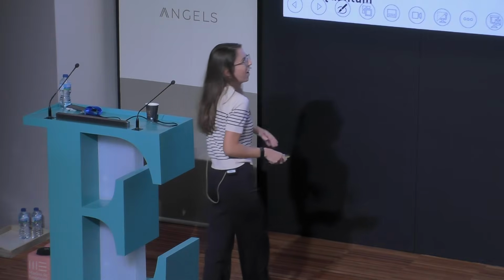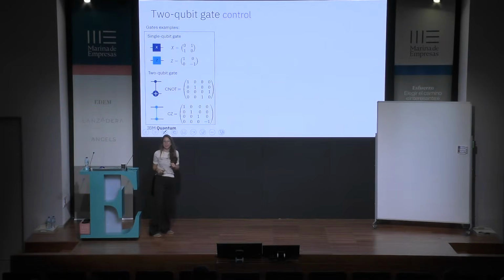Two qubit gates are quite a bit more complex, because now instead of having one qubit with two states, we have two qubits with a total of four states. So two qubit gate matrices look something like the one shown here. A CNOT gate is a controlled NOT. So based on the state of a control qubit, your target qubit receives or not an X rotation.